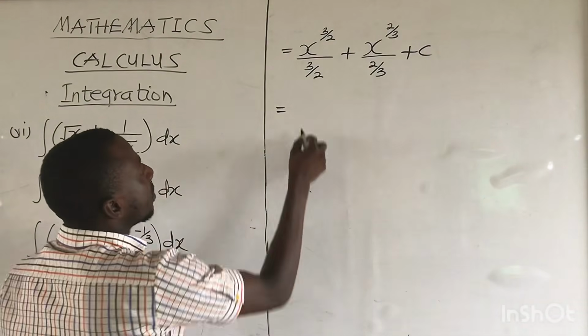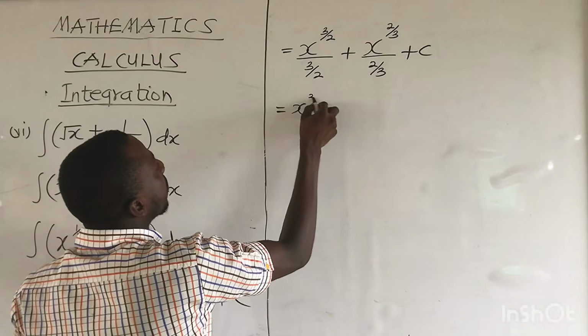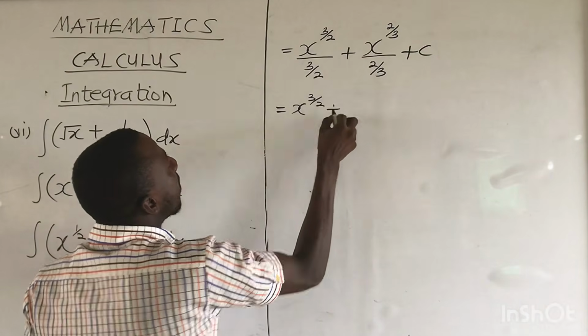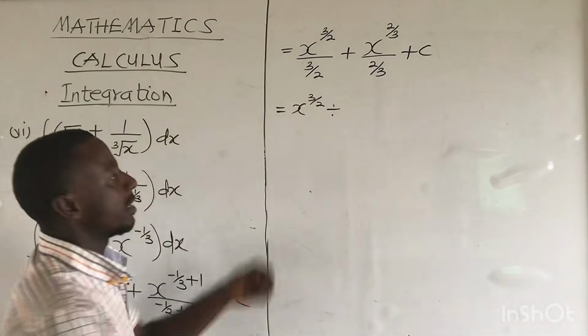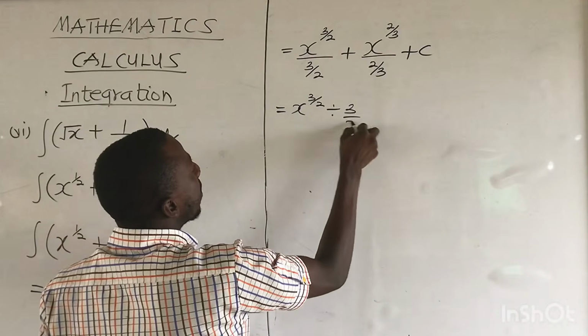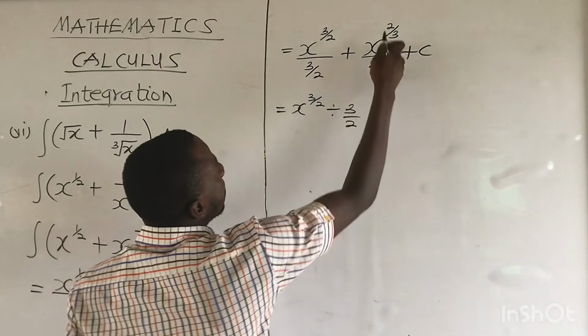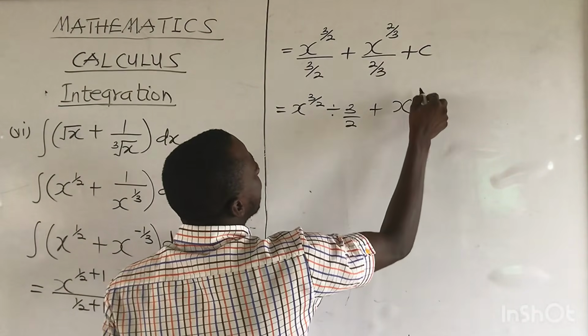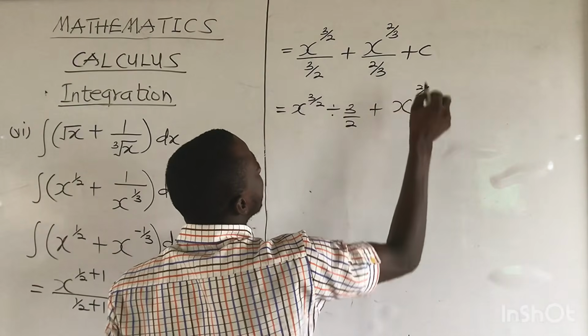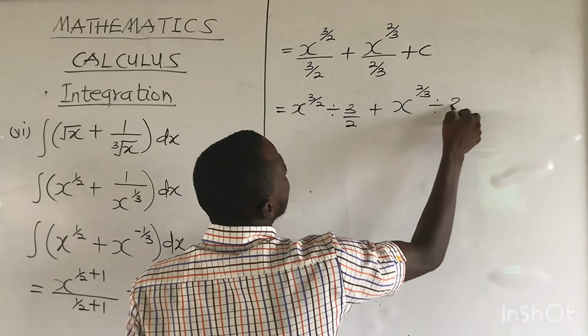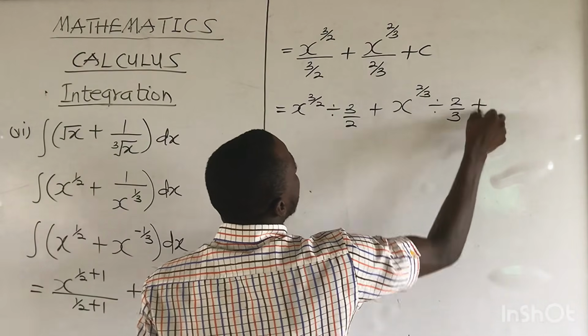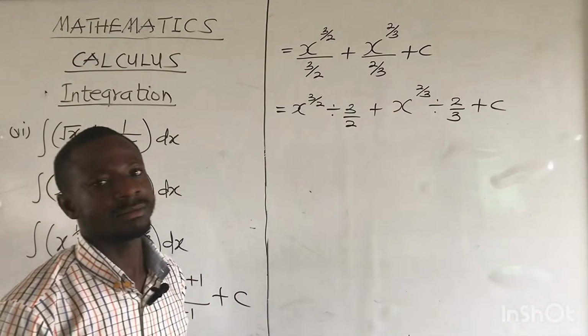So from here we have x exponent 3 over 2 dividing the fraction, which is 3 over 2, plus we also have x exponent 2 over 3 also dividing 2 over 3, plus c.